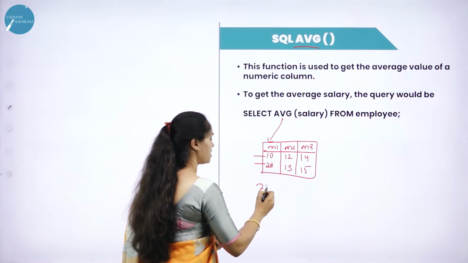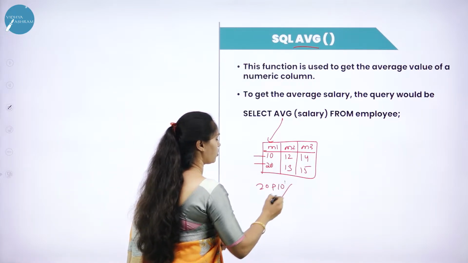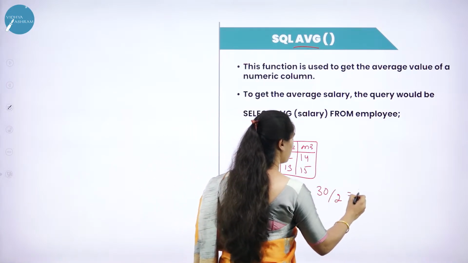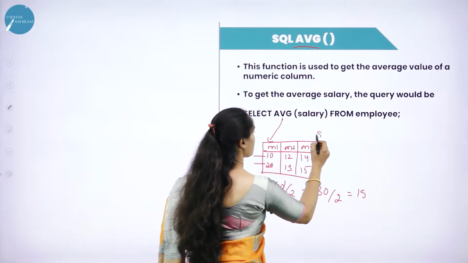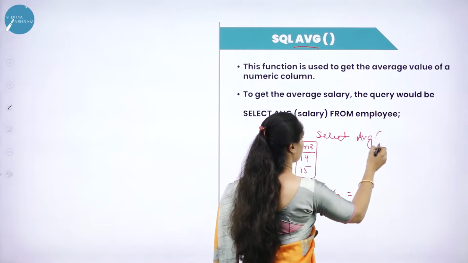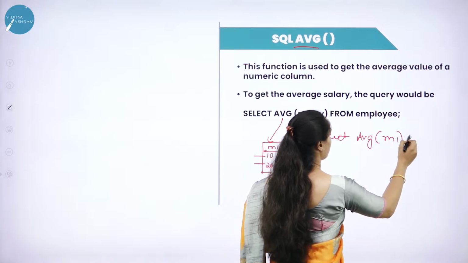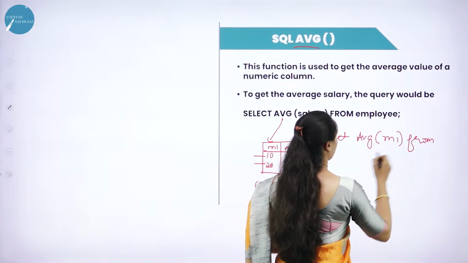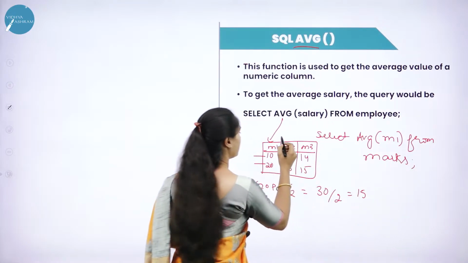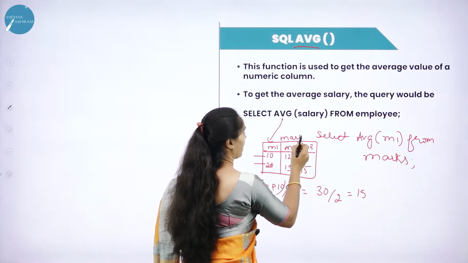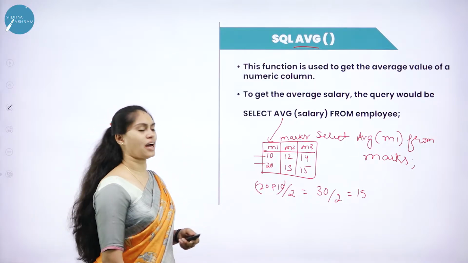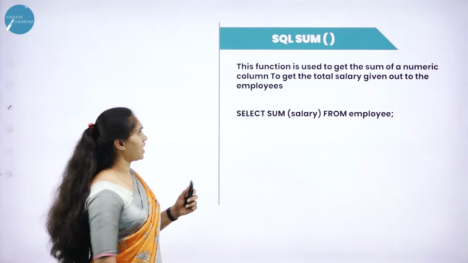So 20 plus 10, divided by 2. That is 30 by 2, which returns 15. So if I use select average of M1 from marks, where marks is my table name, it returns the average value from that particular column. For that purpose, we have this average function. So next we have sum.